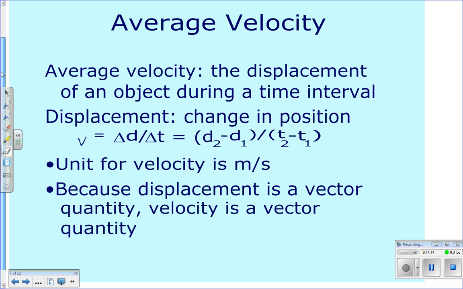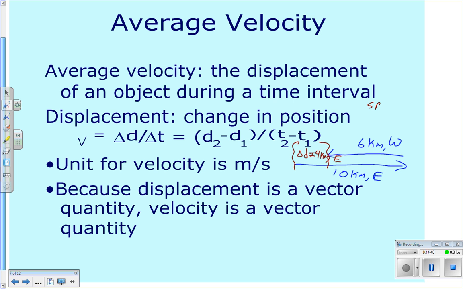So an object could move, let's say, 10 kilometers to the east, and then turn around and come back 6 kilometers to the west. If we wanted to find its velocity, we would take its change in position, which would only be 4 kilometers to the east. Let's say this happened in, I don't know, 10 seconds.